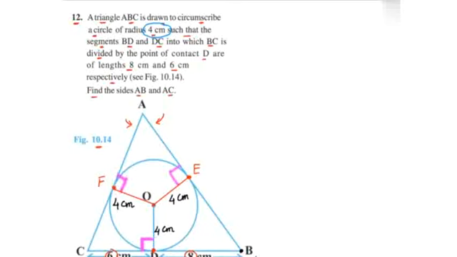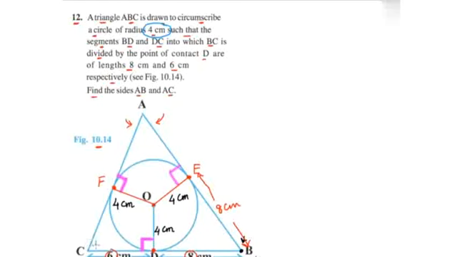Now let's make use of the fact that if you draw two tangents from an external point to a circle, then those two tangents must be equal. If you look at the point B, this point B is an external point for the circle, and from this point two tangents have been drawn to the circle, BD and BE. The length of BD is 8 centimeters, and therefore the length of BE will also be 8 centimeters.